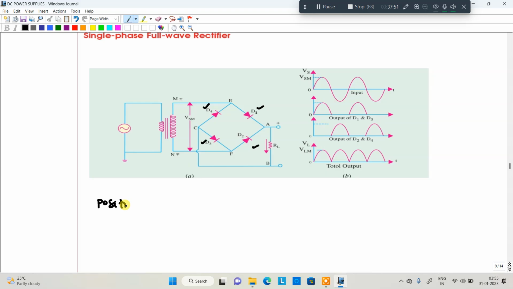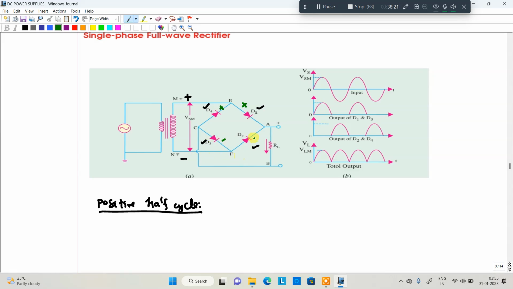Positive half cycle. In the positive half cycle, the diode will look at the polarities, positive and negative. So I will use another color. See here, this positive terminal is connected here. This positive terminal connected here. Coming to this negative terminal, it is connected here.